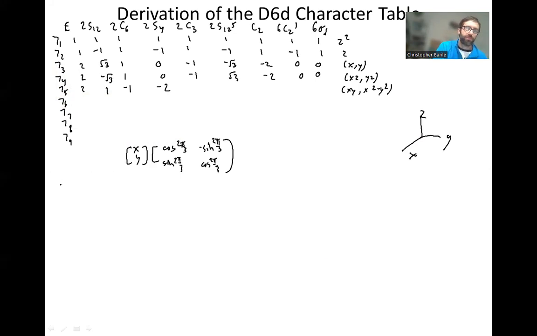So xy transforms as cosine 2 pi over 3. 2 pi over 3 is 120 degrees.